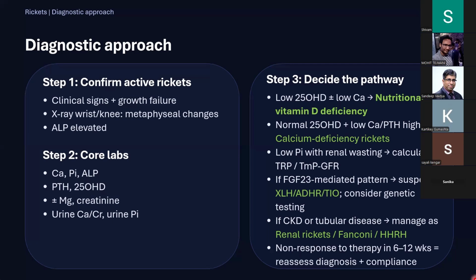In that case, genetic testing is very helpful. And there is also a type of chronic kidney disease or tubular disease, and it should be managed as renal rickets. If it is not responsive to treatment for 6 to 12 weeks, then we should be reassessing the diagnosis and checking the compliance with the therapy as well.